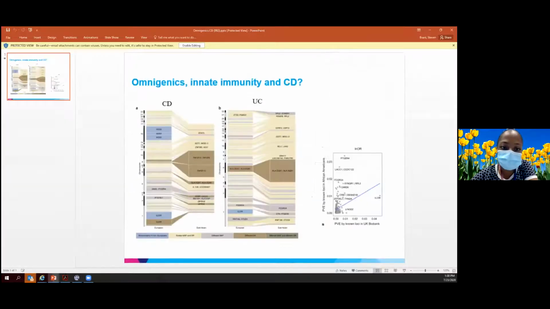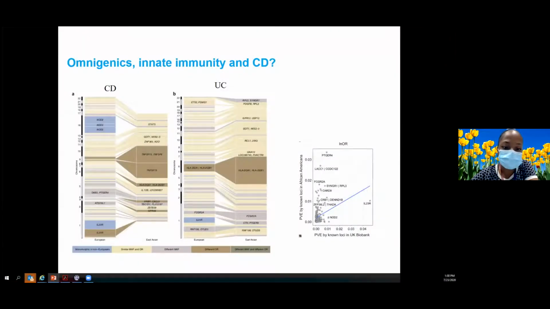Yes, great, thank you. So here's the major gene for Crohn's disease, NOD2, which in homozygotes of mutation carriers has about a 20-fold risk, and in heterozygotes about a 3-fold risk, and it's dominant in European populations. And this bar is that of European populations.